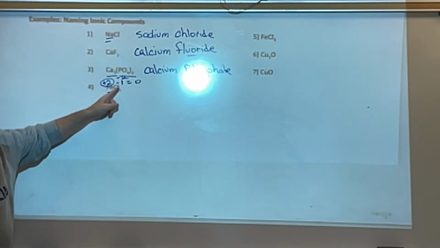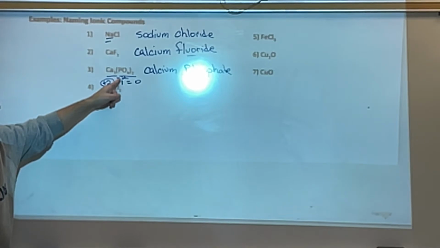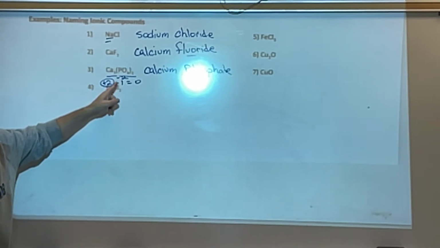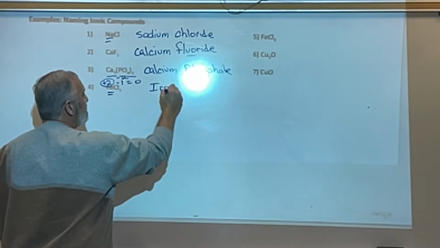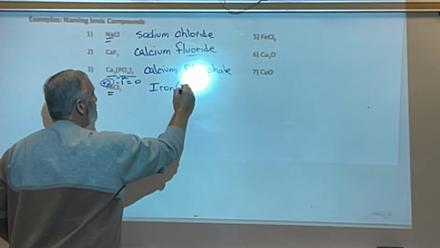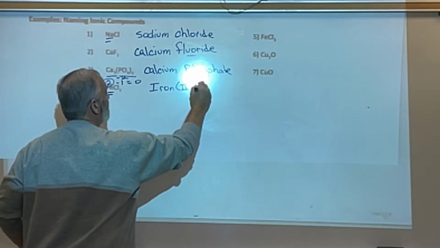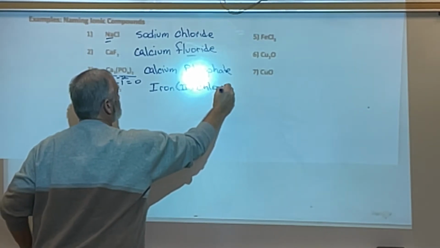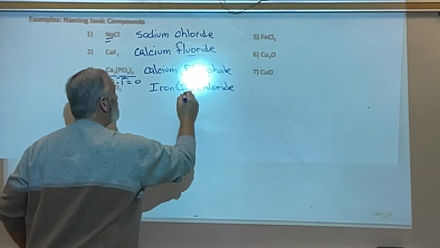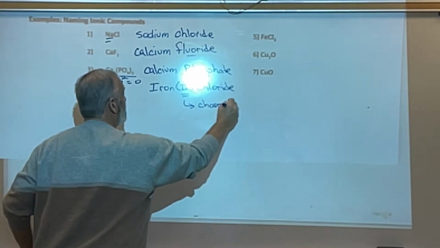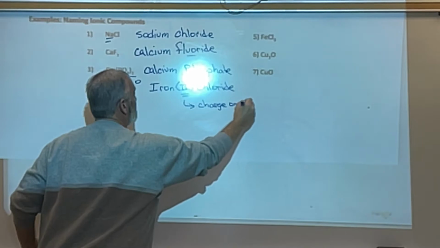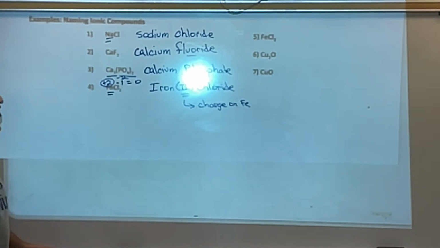Because -1 times 2 is -2, so I have to balance that out with a +2. So I'm going to have to say it's iron 2 chloride. This Roman numeral right here tells me the charge on the iron. It's not how many of them you have, it's the charge on them.